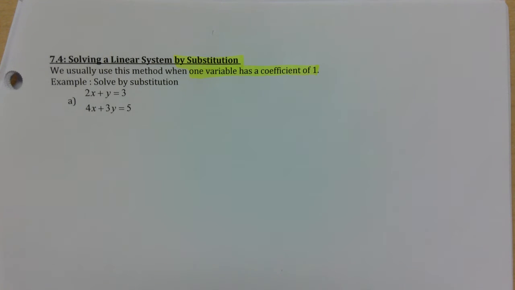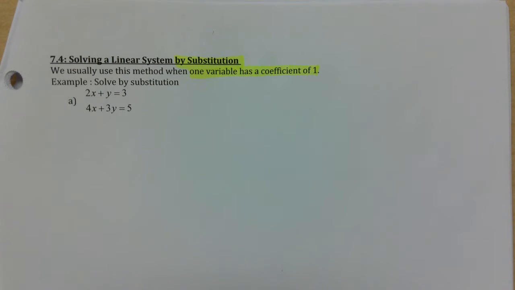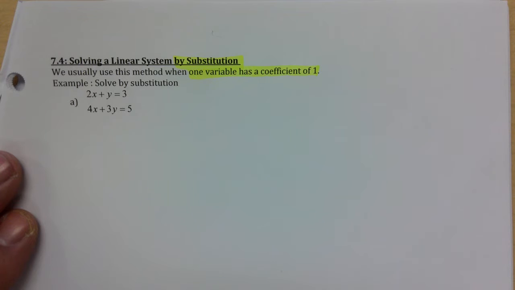Again, technically, you should be able to solve a system by graphing, by using substitution, and the next one, which is elimination. You can use all three methods, but one is more efficient than the other.